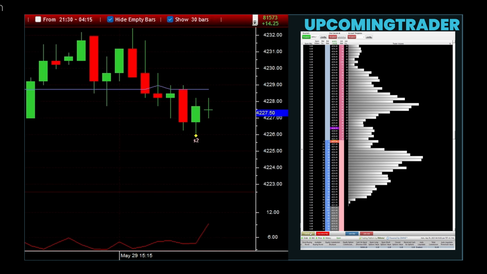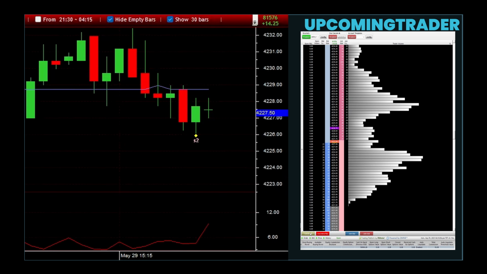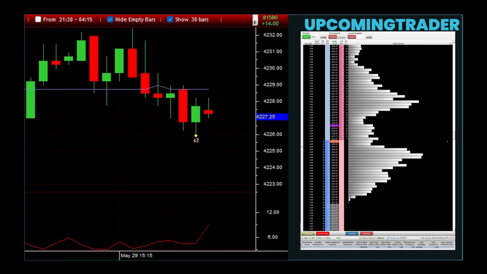Flags and pennants are continuation patterns that often appear after strong price movements. A flag pattern looks like a small channel that moves against the prevailing trend. If the price breaks out of a flag pattern in the same direction as the trend and crosses a key EMA, this can be a very strong indication that the trend will continue.